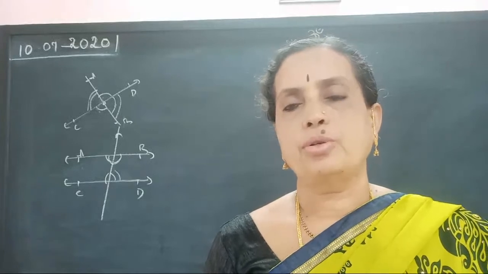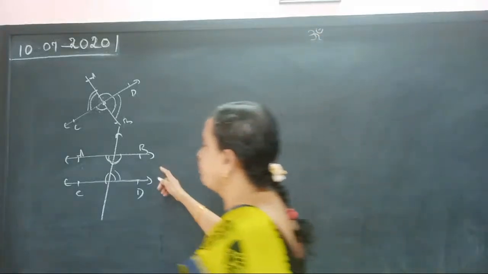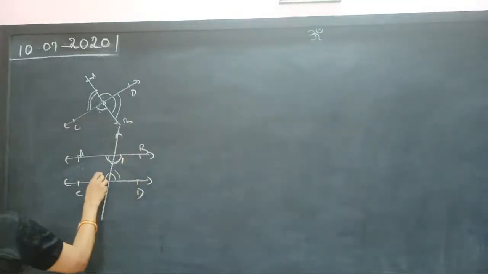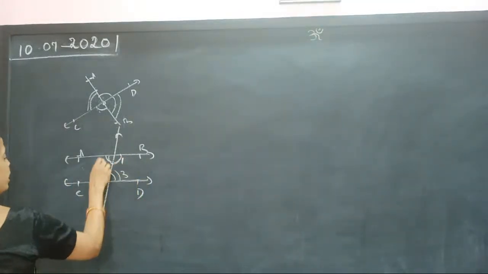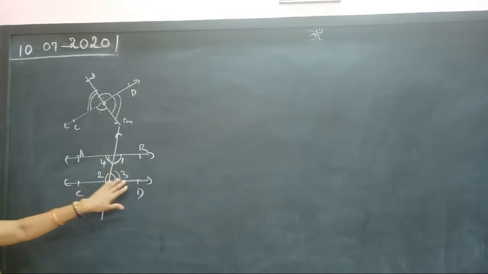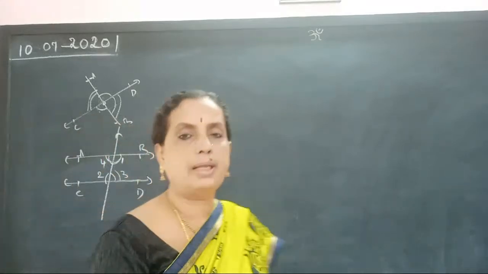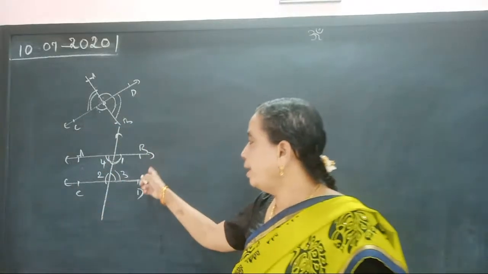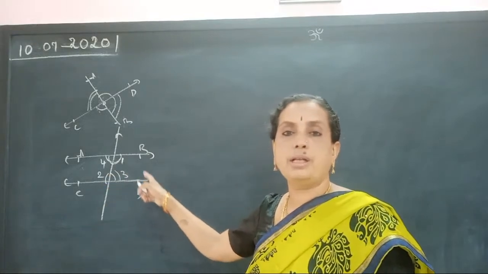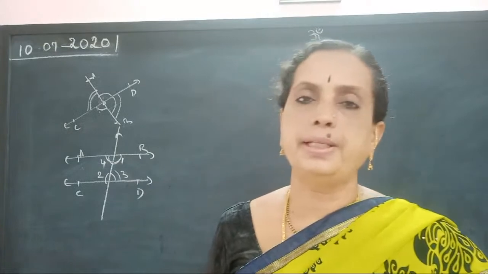Very good. So theorems 6.2 and 6.3 are in this figure. If AB parallel to CD, then angle 1 equals angle 2, angle 3 equals angle 4. Conversely, if 1 equals 2, 3 equals 4, then AB parallel to CD.